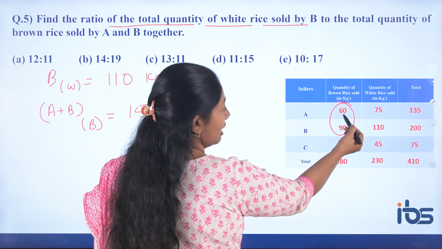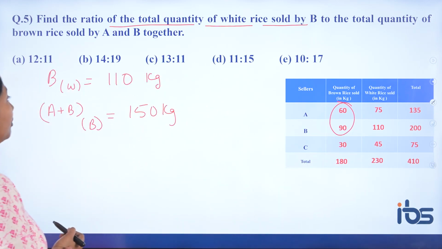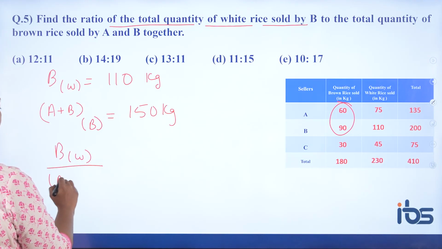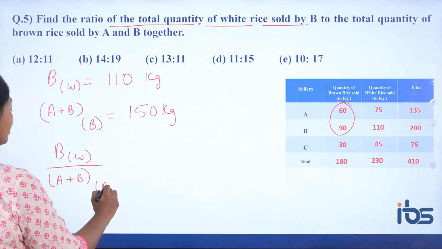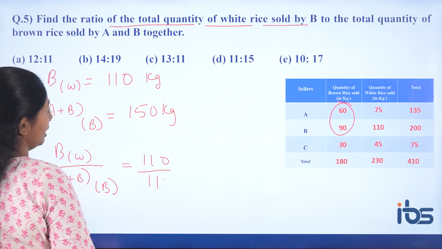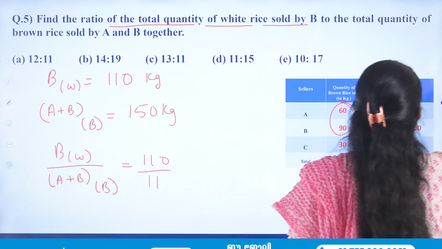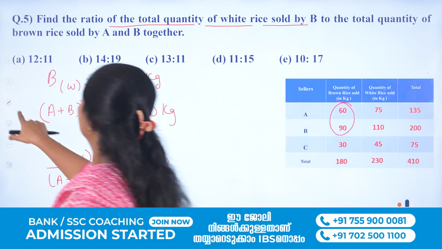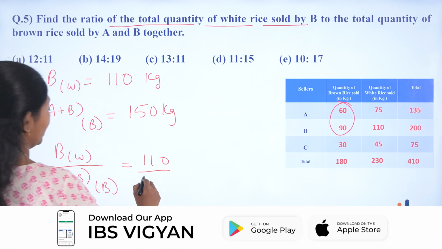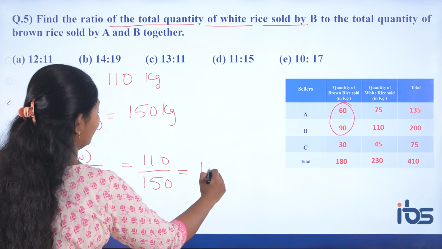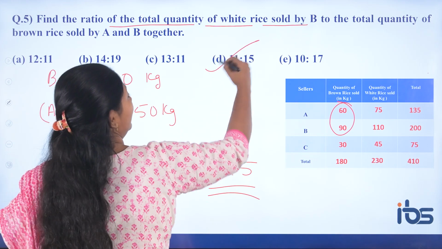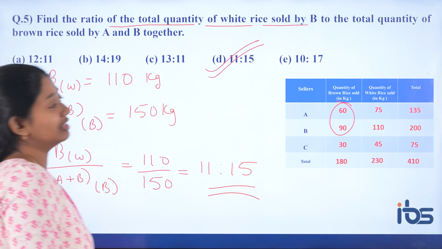You have to take the ratio of these two. That is 110 by 150, that is 11:15 is your ratio. So option D, 11:15.